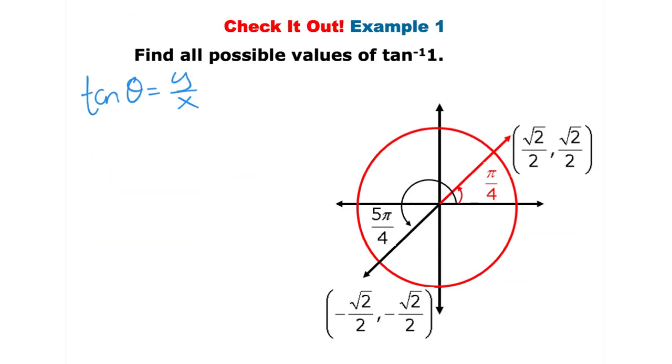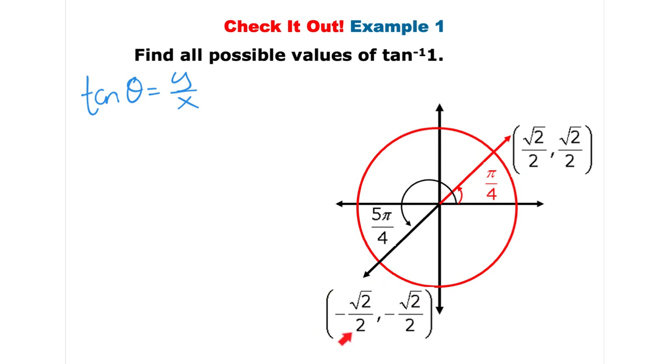In this one, we're finding all the possible values where the inverse tangent is 1. So what are the angles that give us a tangent of positive 1? Remember that tangent of theta is going to equal our y value divided by the x value. So we need our x and y values to be the same in order for the tangent to be 1. We notice that this angle, pi over 4, if I divide those x and y values, I'll get positive 1.